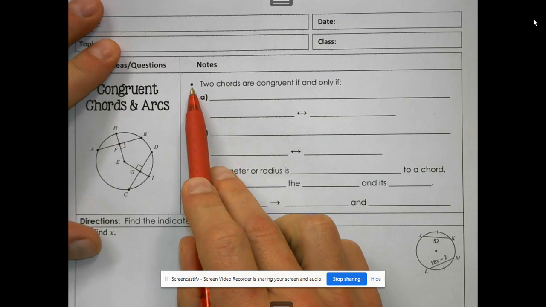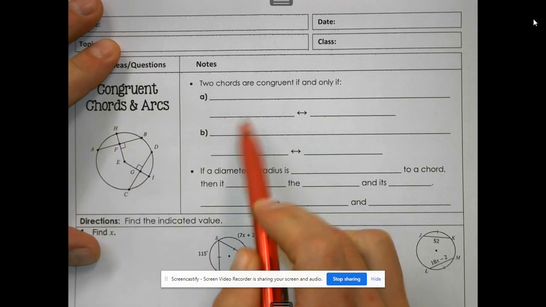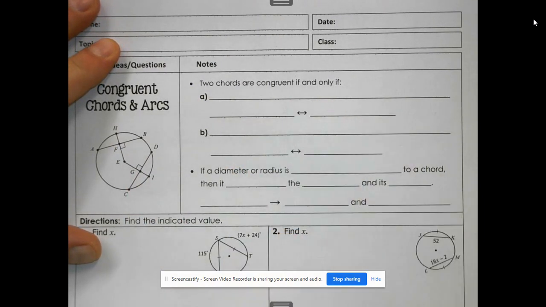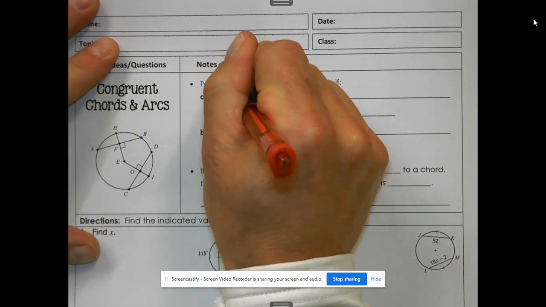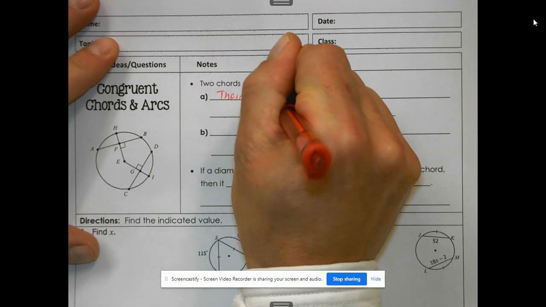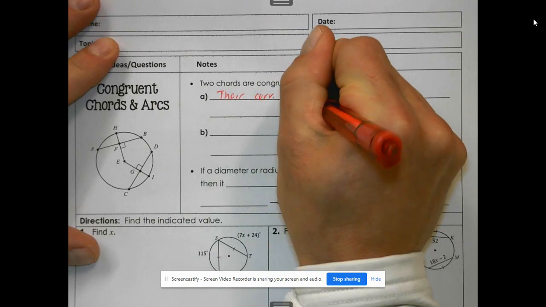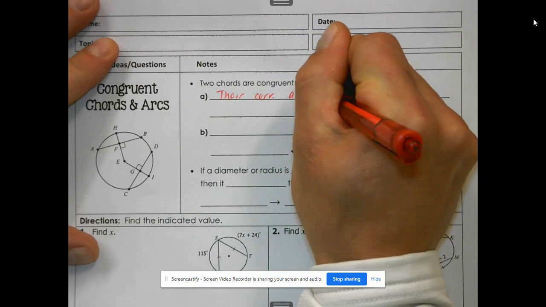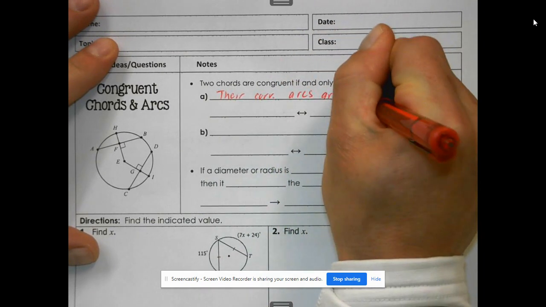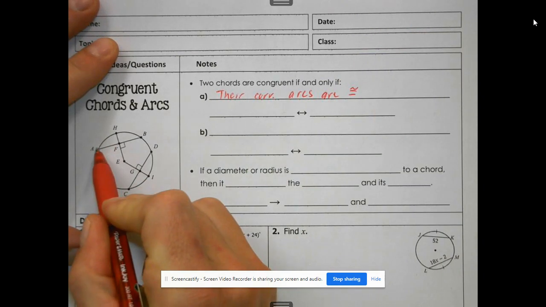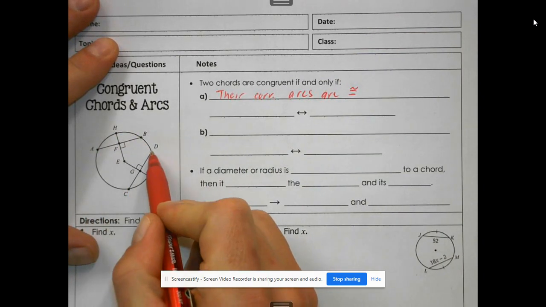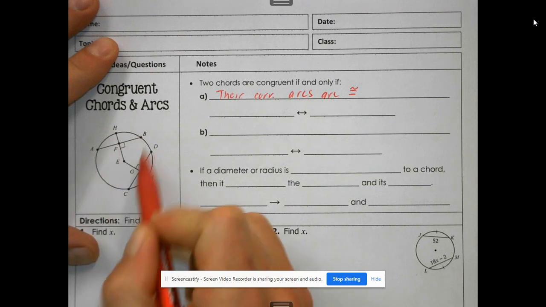First bullet, two chords, these right here, are congruent if and only if their corresponding arcs are congruent. So in other words, if this arc is congruent to this arc, then these chords are congruent.